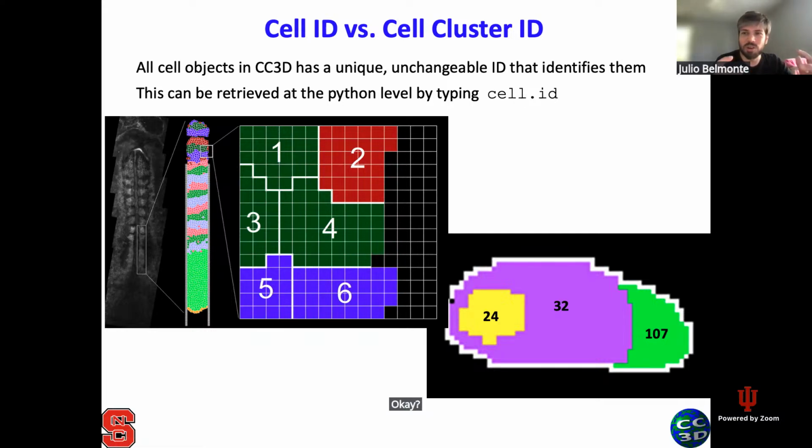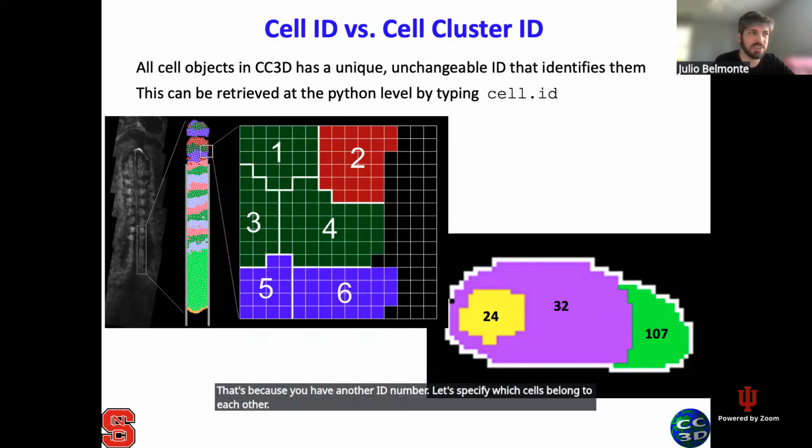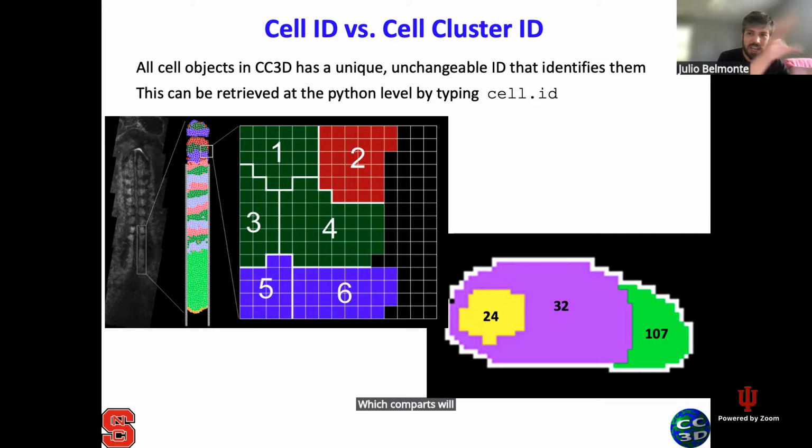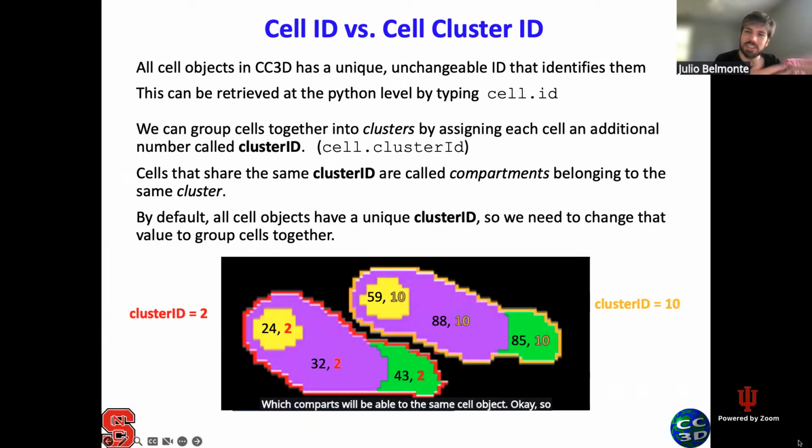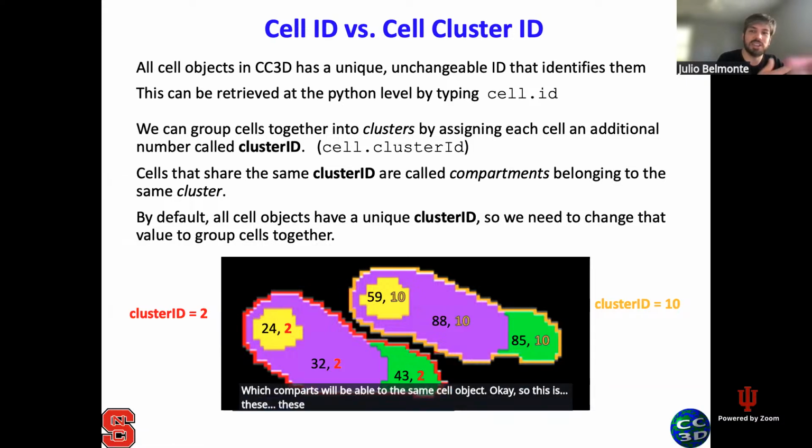But how do you know that all the cells belong together? That's because you have another ID number that specifies which compartments belong to the same cell object. This other ID is called the cluster ID.